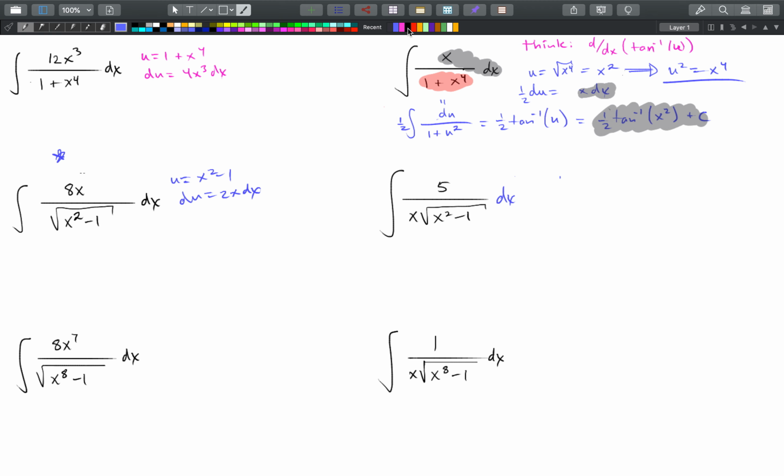It shouldn't be too surprising to you that this u substitution is not going to work for this kind of problem. So instead, what you can think is, have I seen this kind of form before? And yes, you have. If you just bring this 5 out in front and leave the 1 there, this 5 was the 5 times 1, and the 5 can just come out, leaving you a 1.